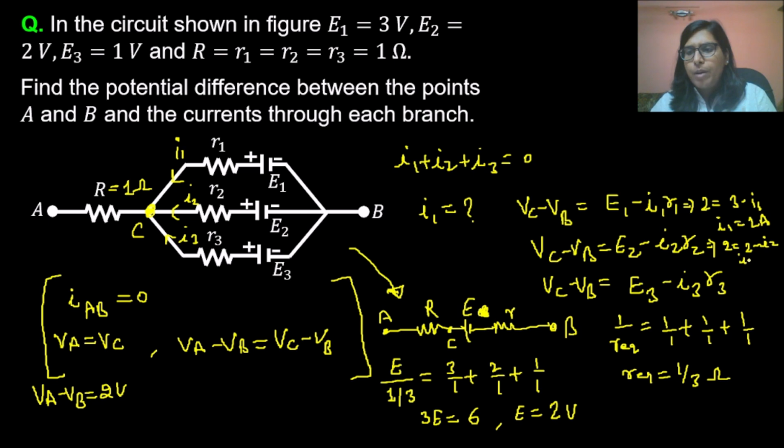So I2 will be 0. I3: VC minus VB is 2 volt, which we have calculated, E3 is 1 volt minus I3 into R3, R3 is 1. So I3 will be minus 1 ampere.